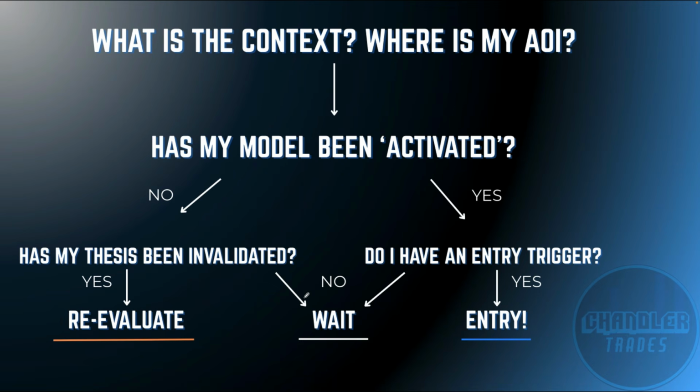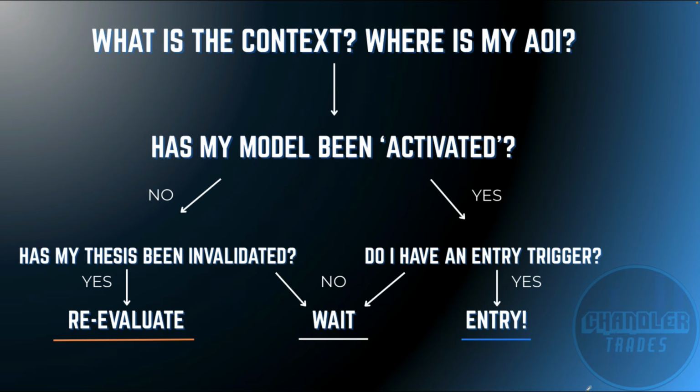And so it's very mechanical, it's very repetitive. The only subjective step here is the context, where's the area of interest. But again, that is based on a set of tools that I use in the same way each time. I'm looking for very similar situations in all of my trades.